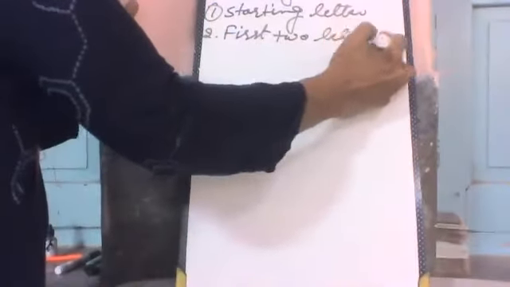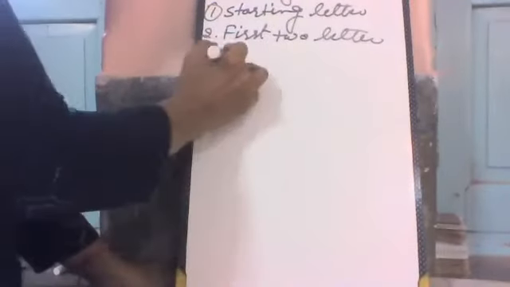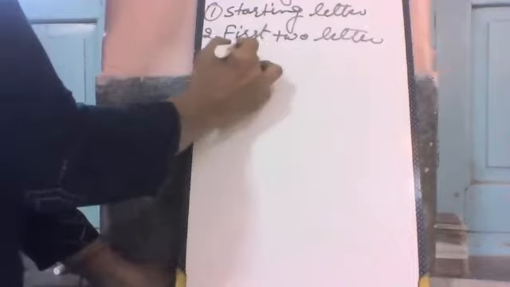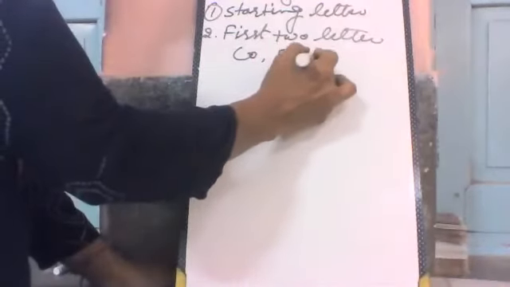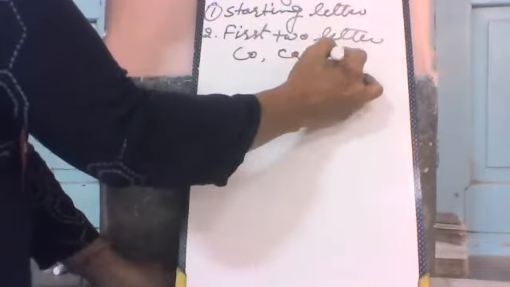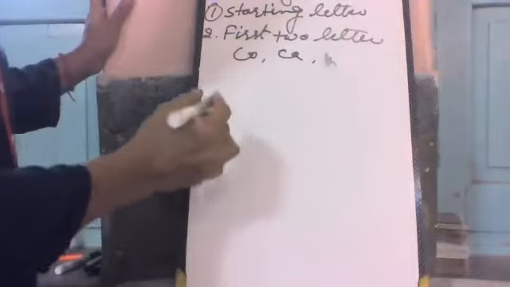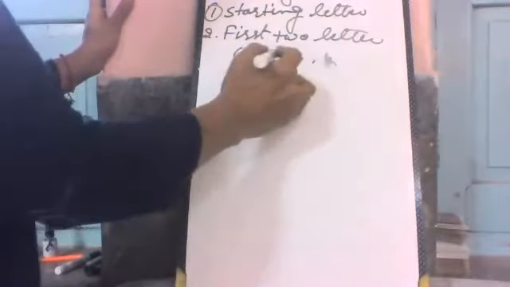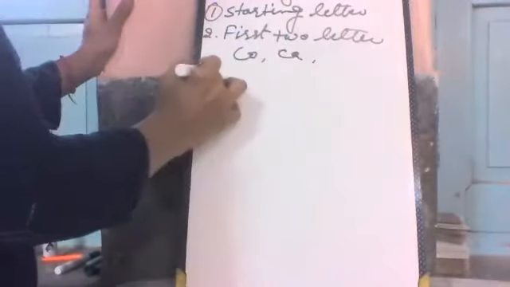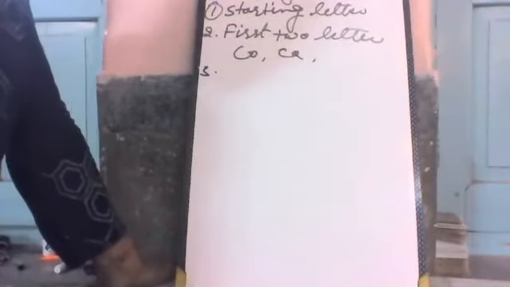In case of some elements like cobalt, calcium, natrium, etc. Then the third one is two letters were chosen because C and O were already named.